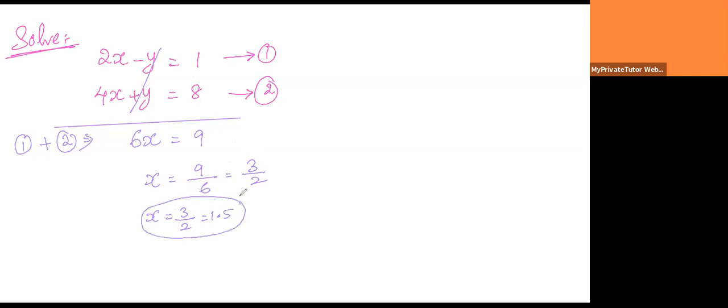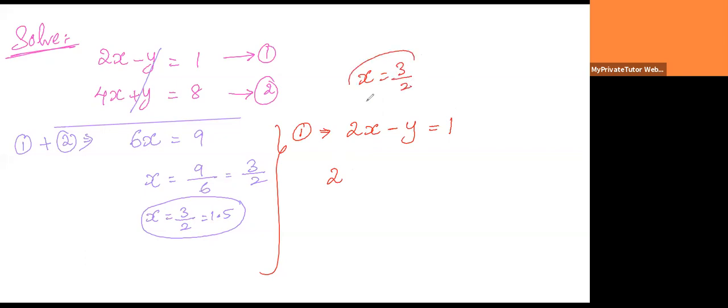So we'll keep both, and let's see which one we need to substitute. We got the x value, guys. Now take any equation as you wish. I'm taking the first equation here, which is 2x minus y equals 1. Just substitute the x value as 3 by 2. So 2 times 3 by 2 minus y equals 1. The 2s cancel out.